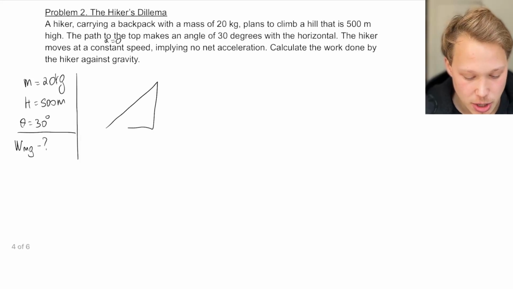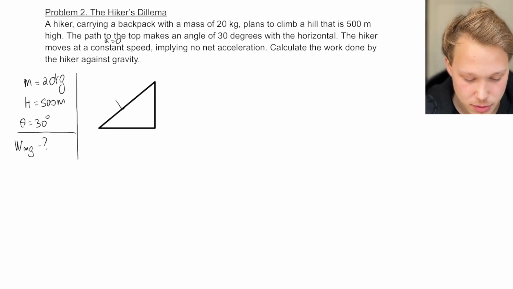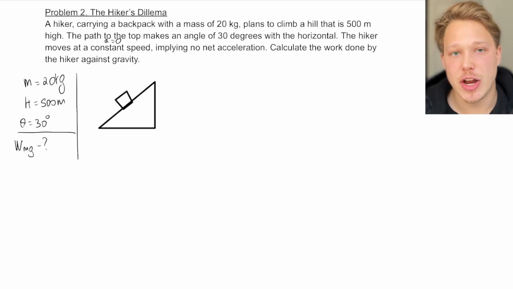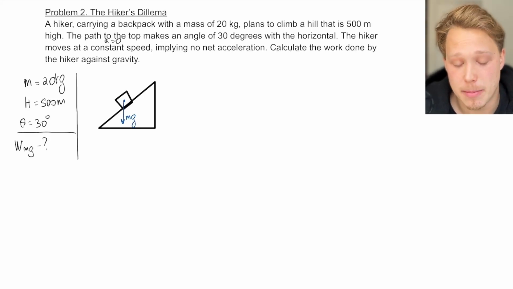As always, I will start by drawing a picture. So here's our hiker. Now, we're really only concerned here with mg. So that's the only force I'm going to label here because I only need to find the work done by mg.